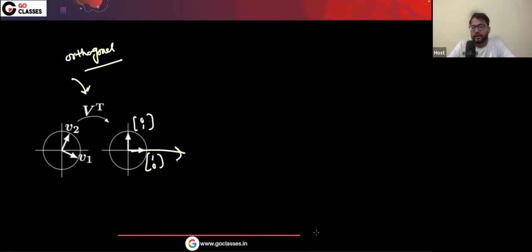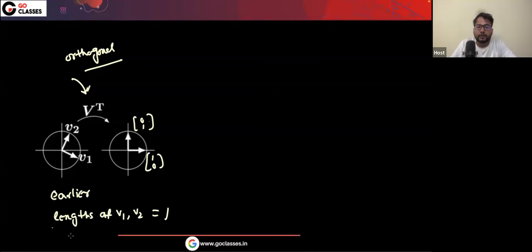It cannot change the length, and it cannot change the angle. So earlier, the length of v1 and v2 is 1. The angle between v1 and v2, since these were orthonormal vectors, can you tell me what the angle was earlier?